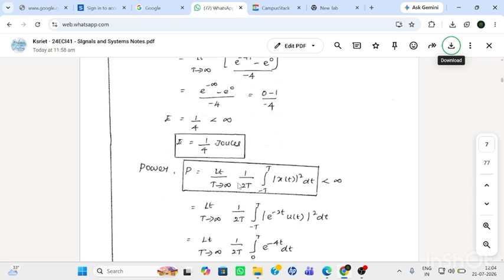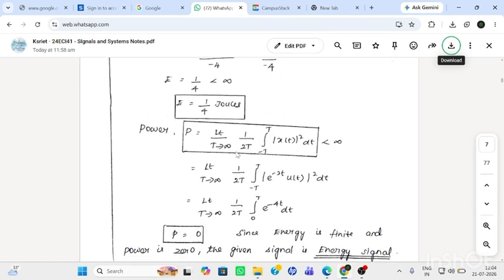Therefore we can also find out the power of the given signal using the formula limit T tends to infinity, 1 by 2T integral from minus T to T of x of t the whole square into dt. Now we have to substitute, a similar procedure is followed as in the energy signal.